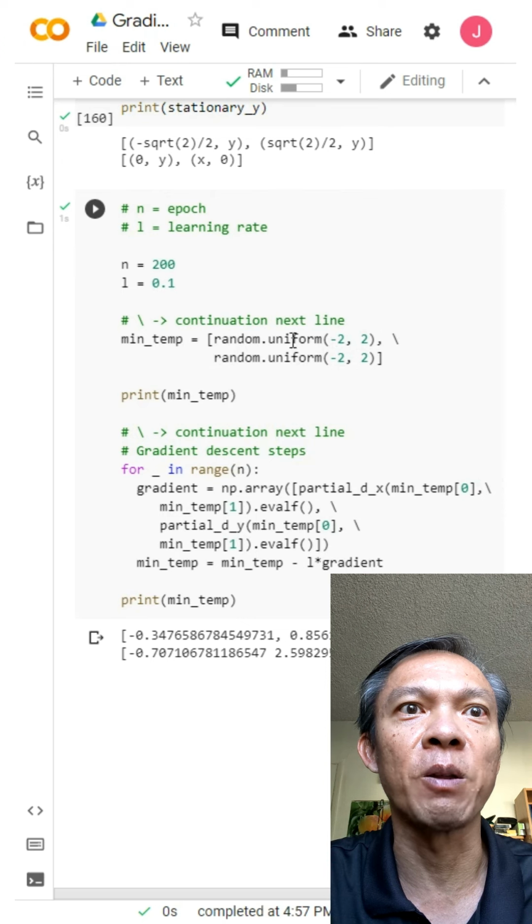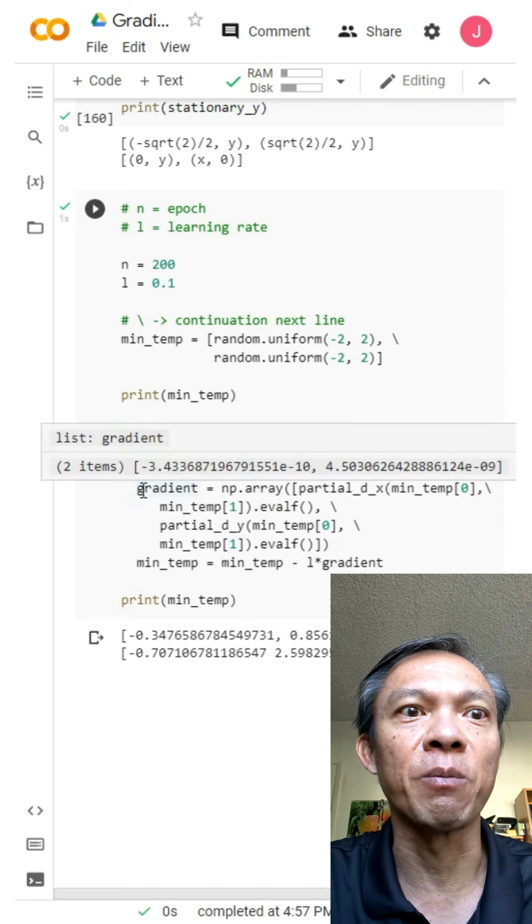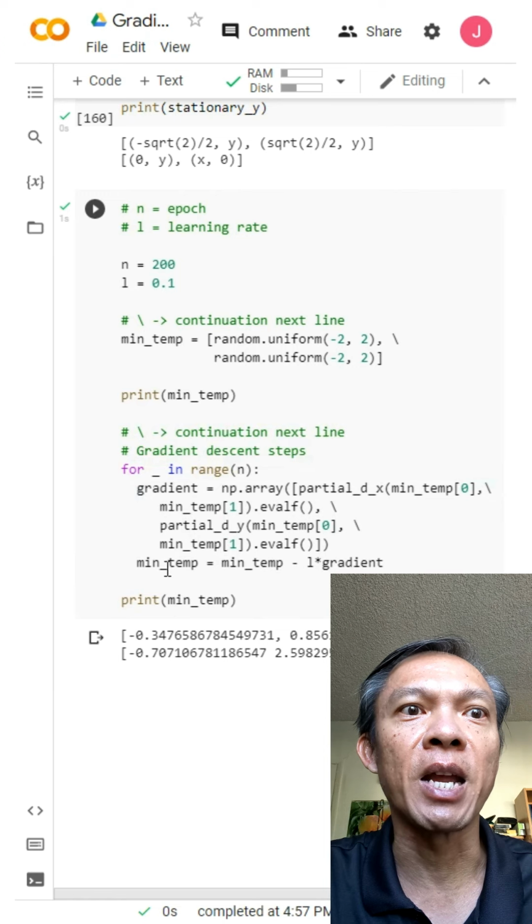We pick a random point between minus 2 and 2, give it to x, and between minus 2 and 2, give it to y. And then over here, we calculate the gradient with respect to x, and this one right here is the gradient with respect to y. We store that value in the gradient variable. And then we update our initial position using the learning rate and the gradient with the minus sign. And then at the end, we print out the final step right here.